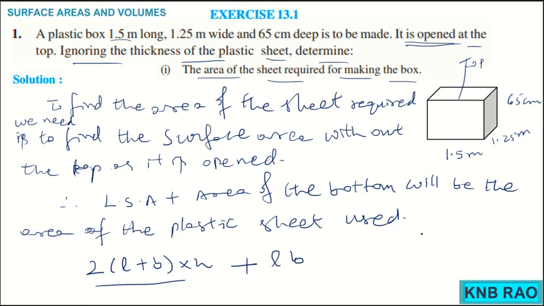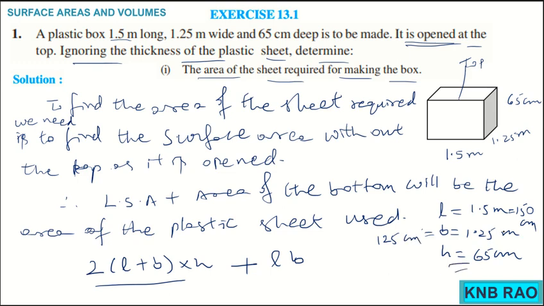where you know length L is 1.5 meter and breadth 1.25 meter, height 65 centimeter, and they must be in the same units. So I will write 1.5 as 150 centimeter, 1.25 as 125 centimeter, and h is already in centimeters only.